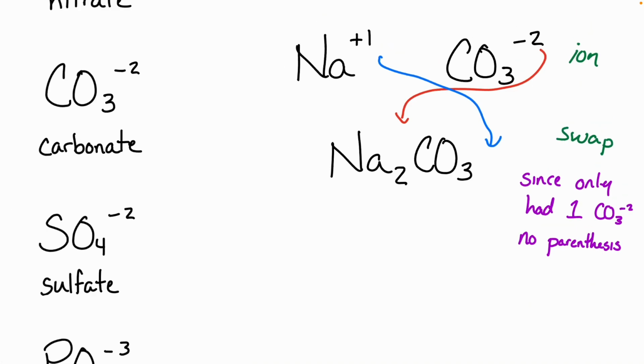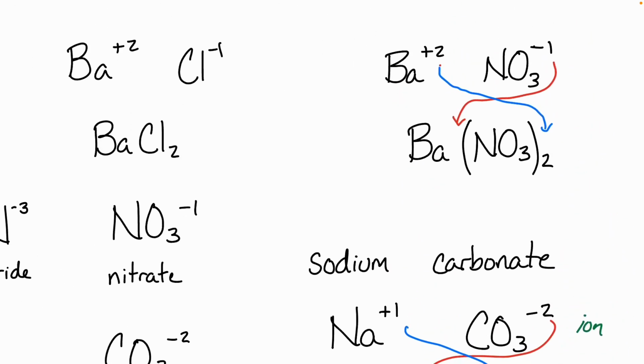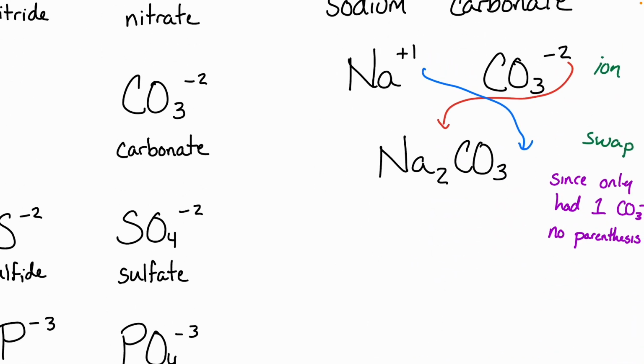Unlike our previous example where we had 2 nitrates, so we had to use the parentheses to indicate that we had 2 of those whole package deals. But if we only have one of them, we're not going to put it in parentheses. Okay, so here would be my formula for sodium carbonate.